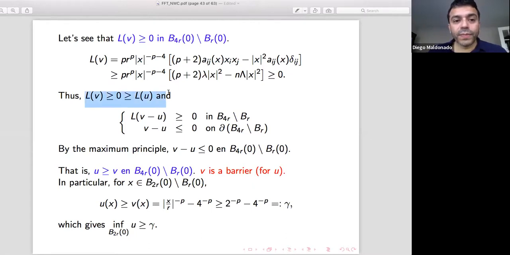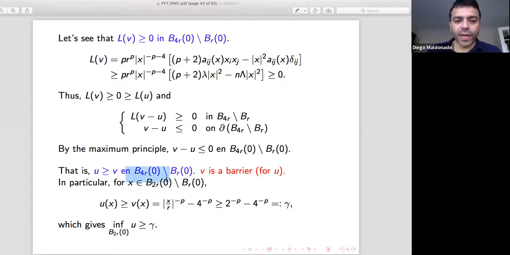Then you use the maximum principle: you look at V minus U. V minus U is negative on the boundary of the annulus, and then L of V minus U is non-negative inside the annulus. Then the maximum principle says that the V remains underneath the U everywhere in the annulus.